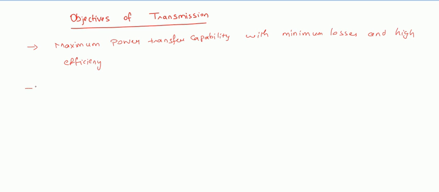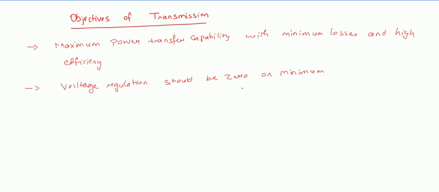And the second objective is that the voltage regulation should be minimum, or if possible zero or minimum possible. There should not be a large amount of voltage drop from the sending end to the receiving end.